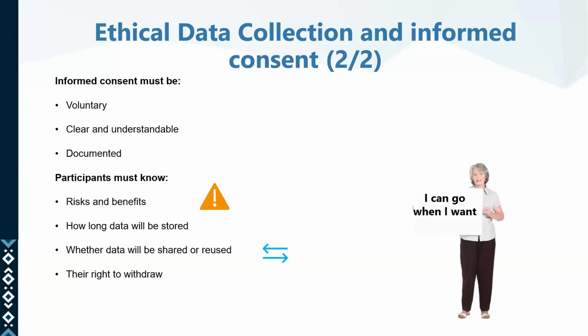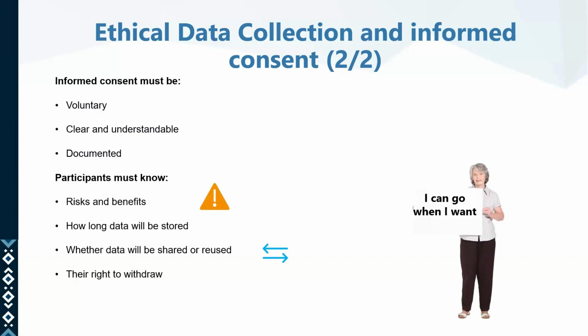One of the most fundamental ethical principles in research is the requirement for informed consent. Informed consent is a process by which participants are provided with all necessary information about the study and are given the opportunity to voluntarily agree to participate. Informed consent is important because it respects the autonomy and dignity of the participant.